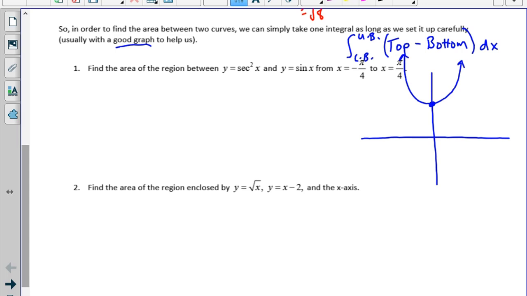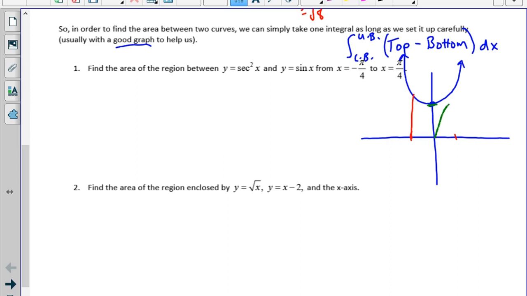So if I have secant squared between negative pi over 4 and pi over 4, that's going to be looking something like this. It's between these two values. And then if I take a look at the sine graph from negative pi over 4 to pi over 4, remember the sine graph looks something like this. But it should go all the way up to 1. And notice if this is secant squared, that's 1.